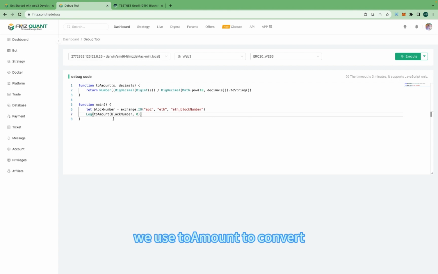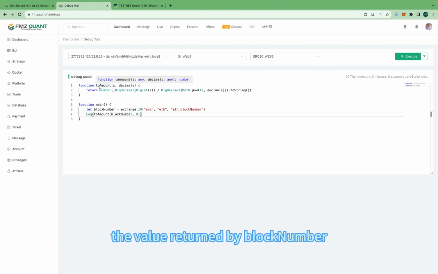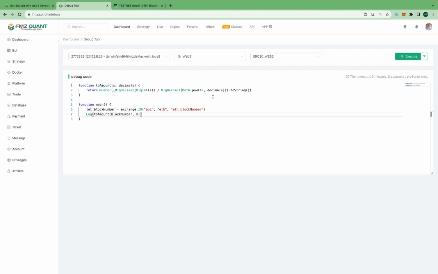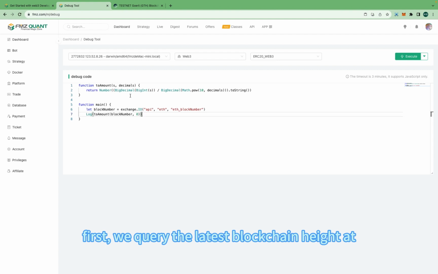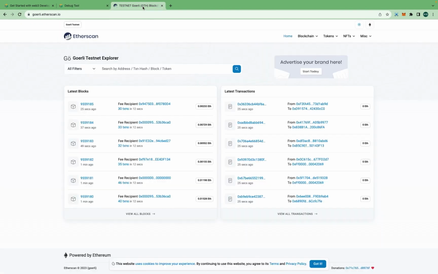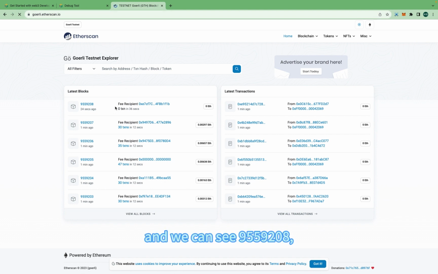Again, we use toAmount to convert the value returned by block number to a numeric form. First, we query the latest block height at Goerli etherscan.io. We refresh it, and we can see 9559208.